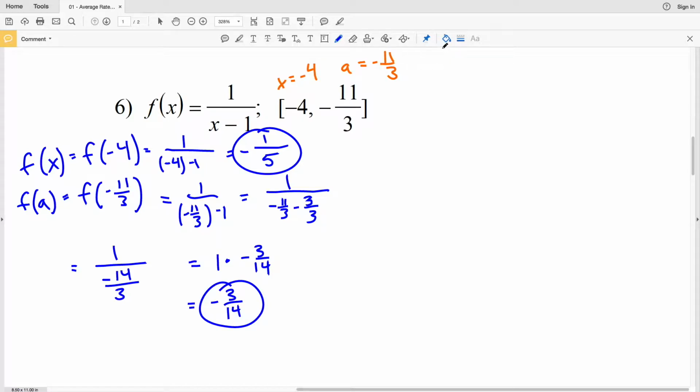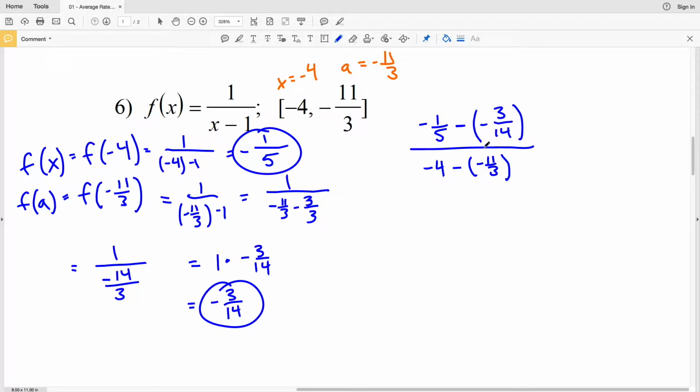So f of a is -3/14. Now I'll plug that into my average rate of change formula, f of x minus f of a over x minus a. So f of x is -1/5, and we'll be subtracting f of a, which is -3/14, and that's all divided by x minus a, which is -4 minus -11/3.